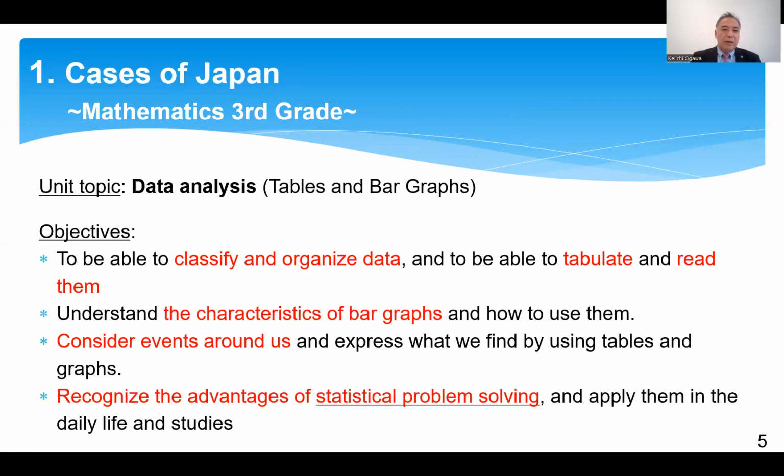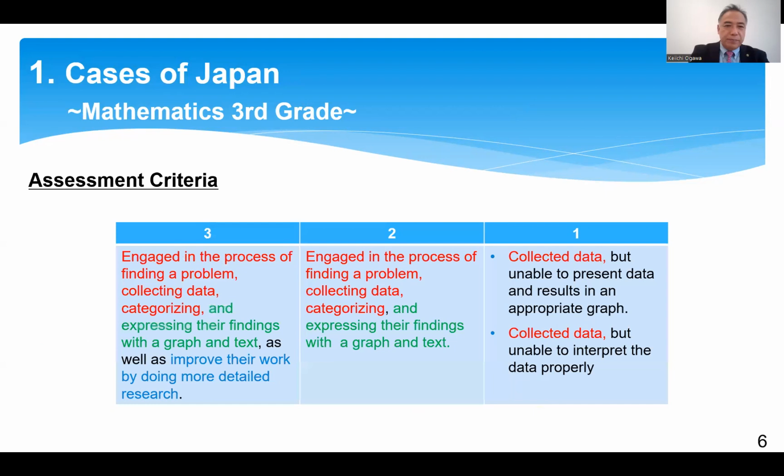Number three, consider events around us and express what we find by using tables and graphs. Number four, recognize the advantages of statistical problem solving and apply them in daily life and studies. So those are the four objectives.